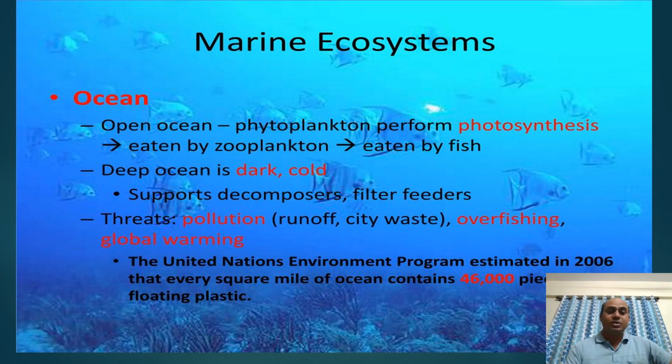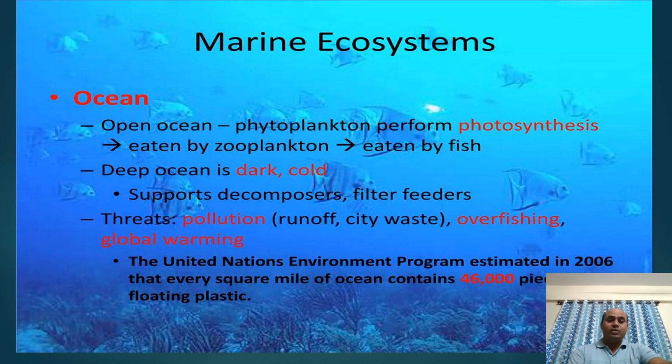So the marine ecosystem of the open ocean, if you study the phytoplankton and the zooplankton: phytoplankton perform photosynthesis, and where light penetrates in the photic zone, the phytoplankton grow. This phytoplankton and zooplankton are an important food source for animals.